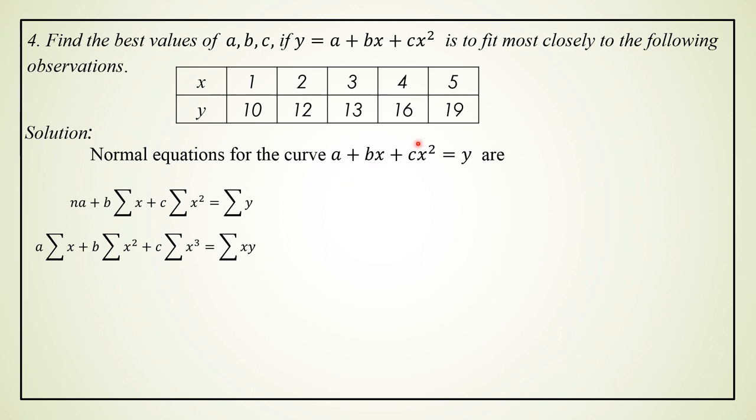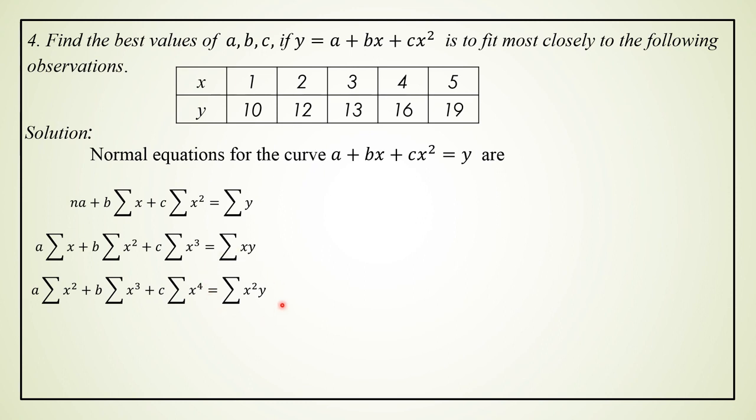Next you have x square here, so multiply x square throughout and then take a summation of it. So it becomes a into summation x square plus b into summation x cube plus c into summation x to the power 4, that is equal to summation of x square into y.